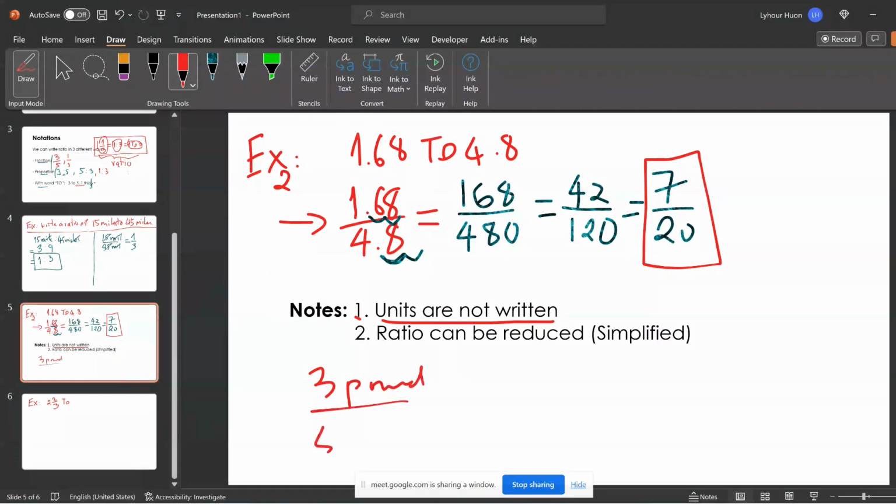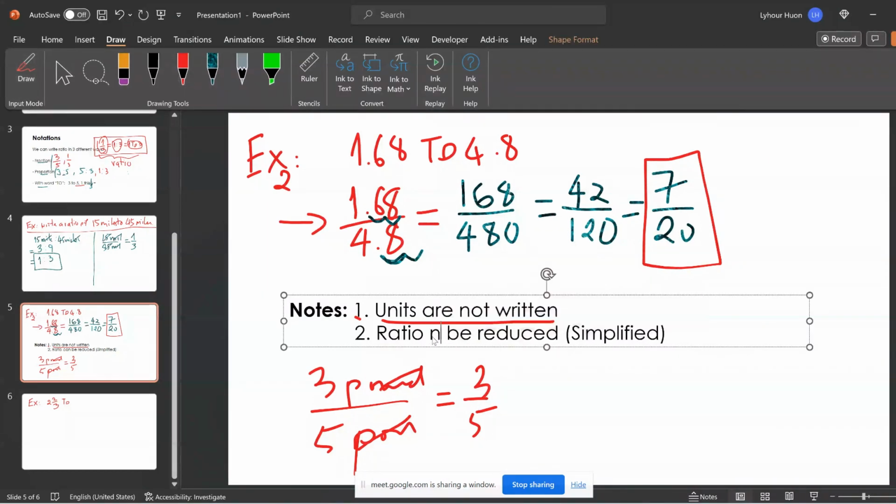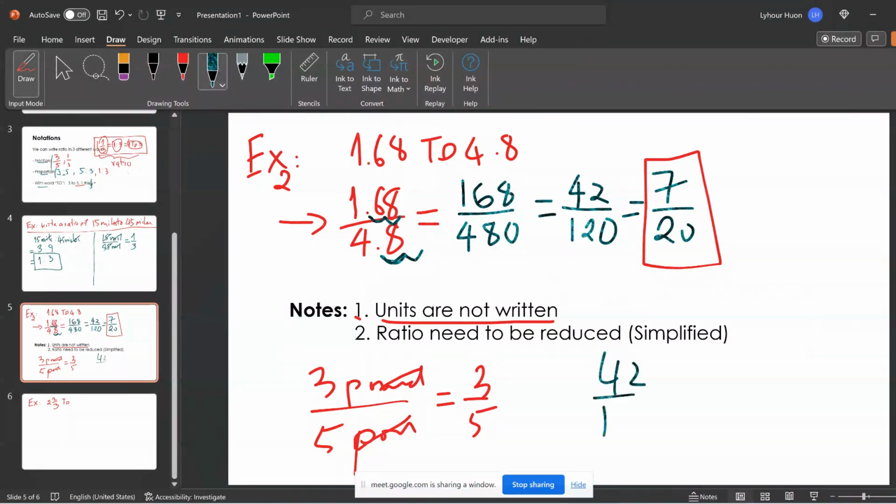You should not write the pound and pound because they can be simplified. It becomes 3 over 5. Ratios need to be reduced or simplified. If we see 42 over 120, we reduce it to 7 over 20.